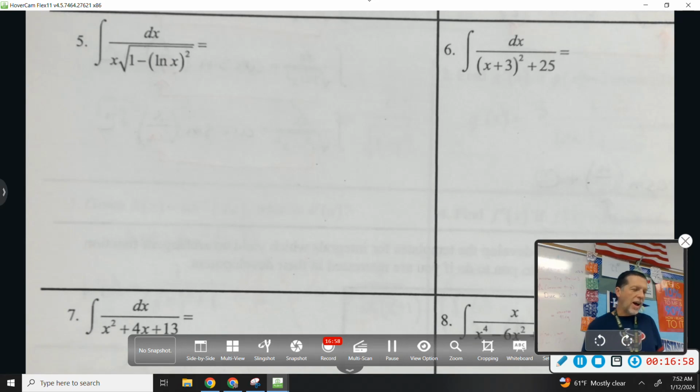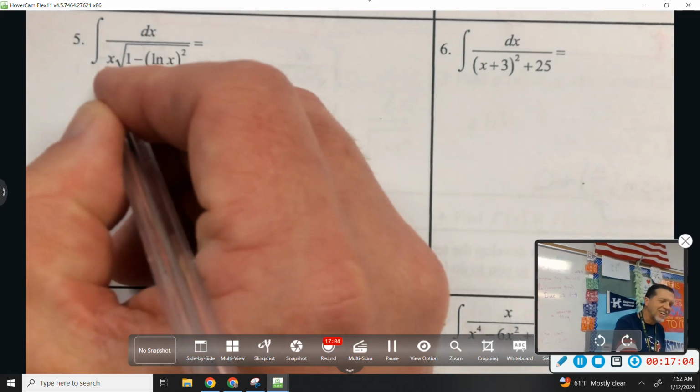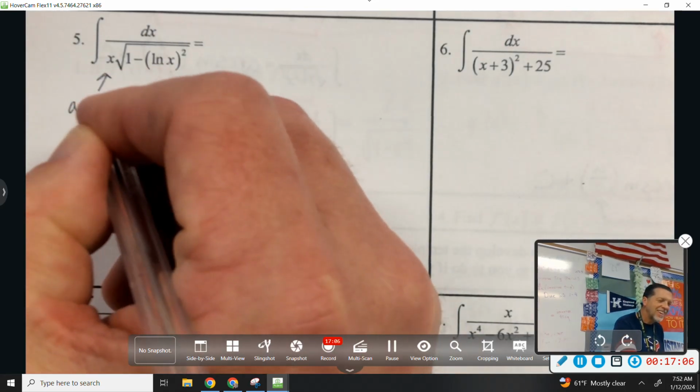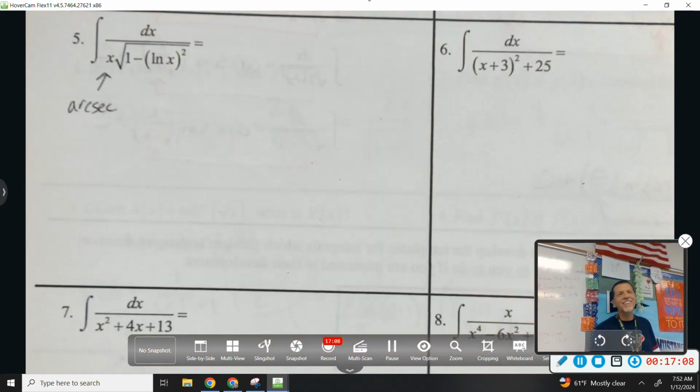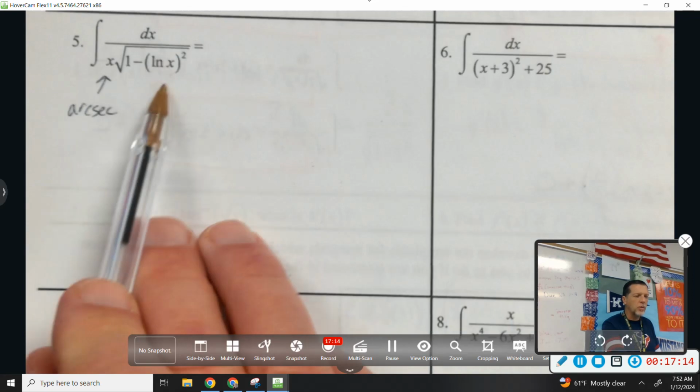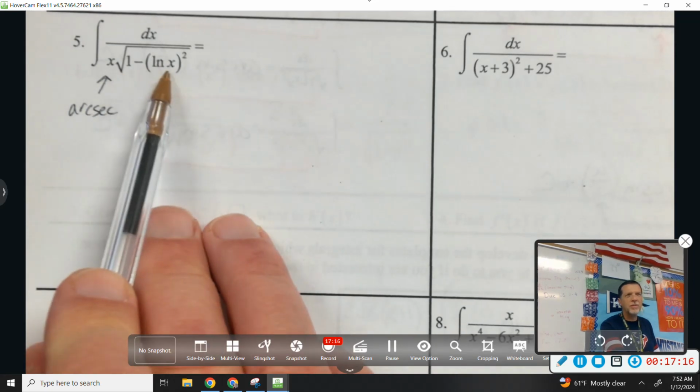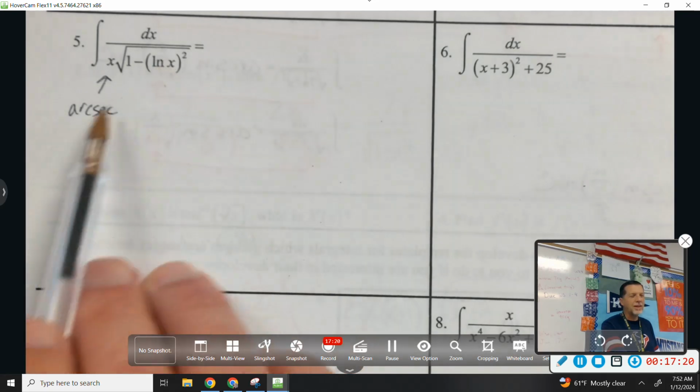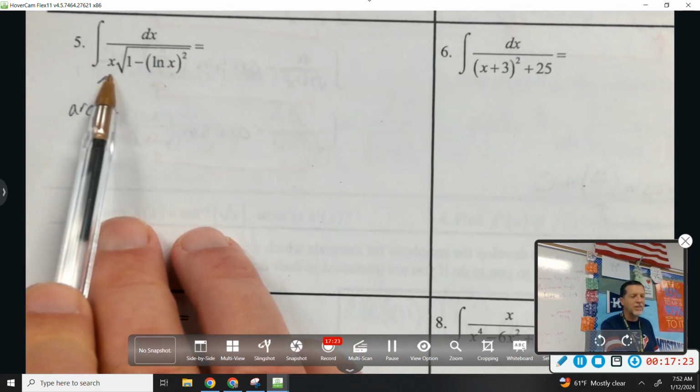How about number 5? What does number 5 look like? Well, that's tricky because that x out front makes you think arcsecant. But arcsecant is like argument squared minus 1, and this is backwards from that. So it kind of looks like arcsecant because of the x, I'll grant you that.